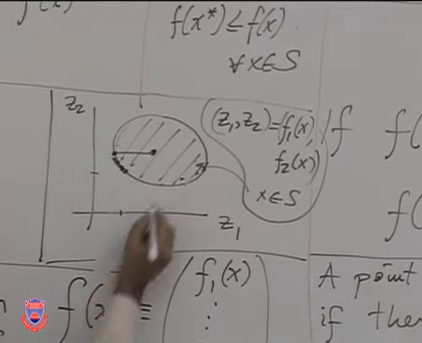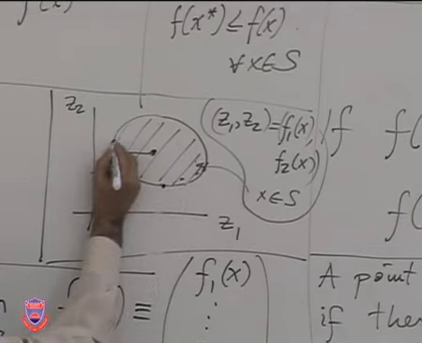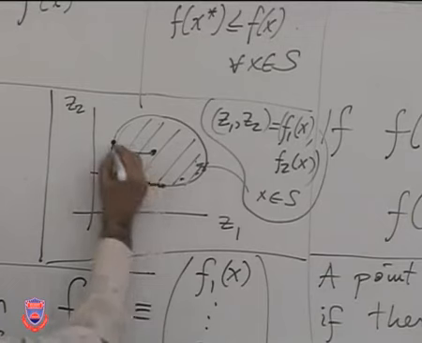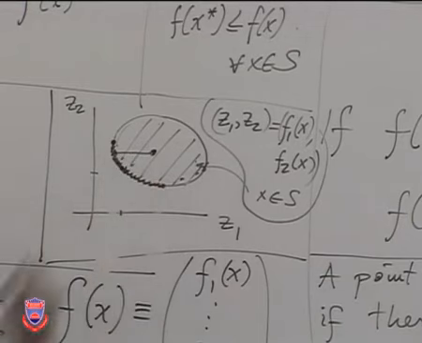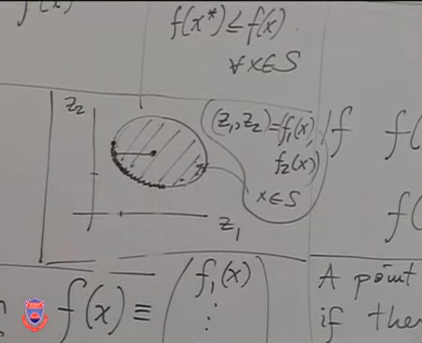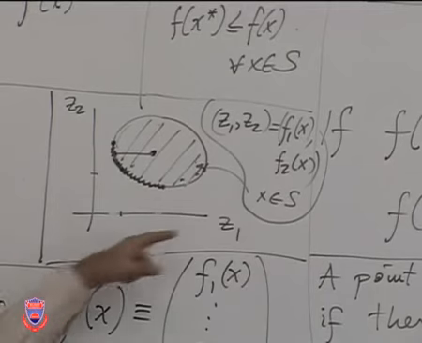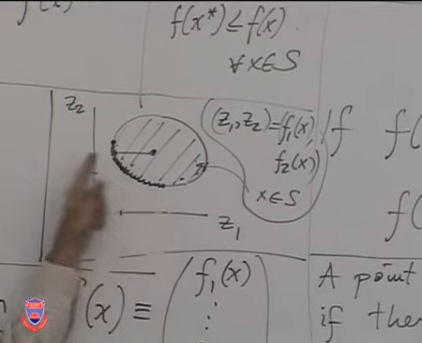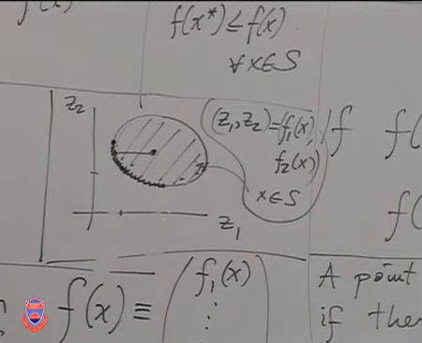So the efficient set of objective values for this example will be these, and the points x in S that induce these z1, z2 two-tuples will be efficient. Anything else will not be efficient.